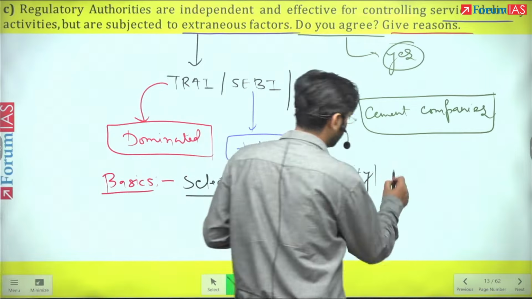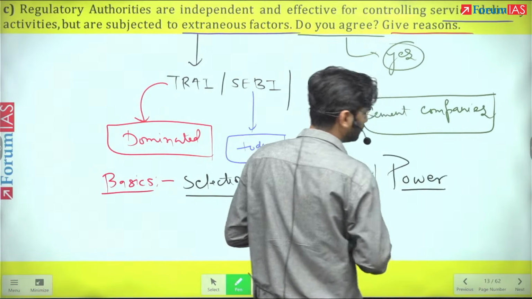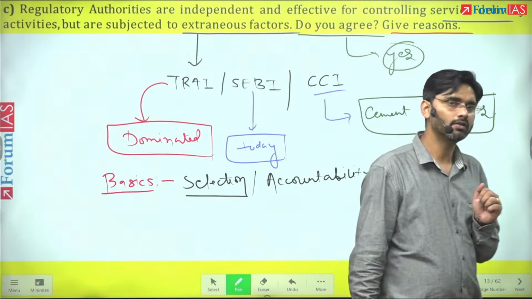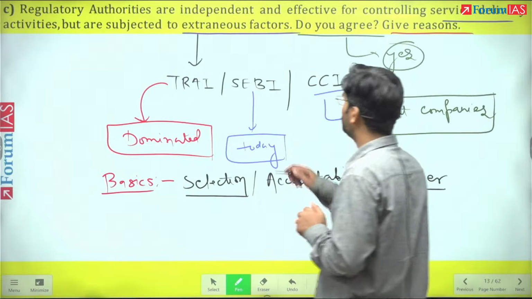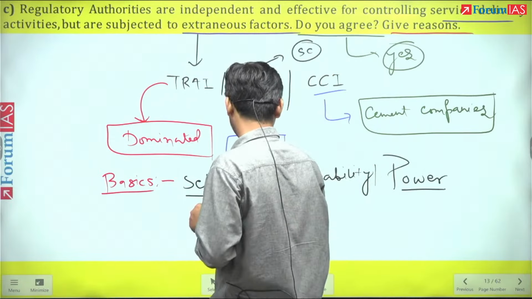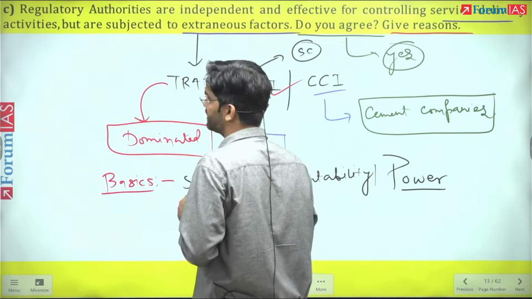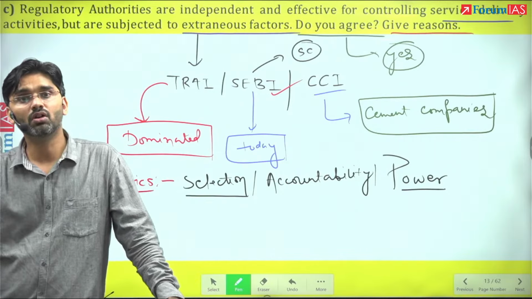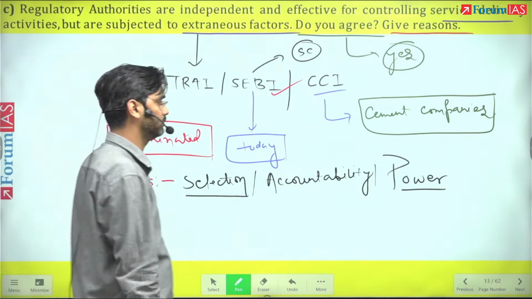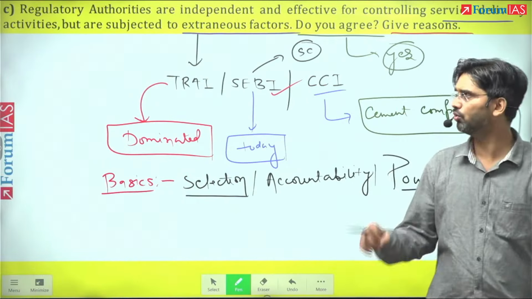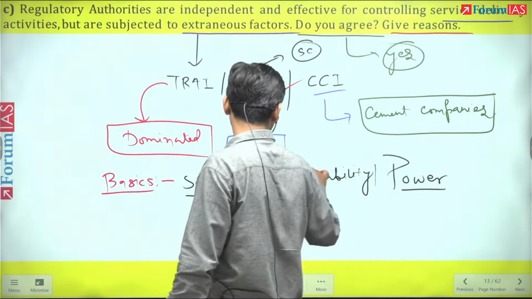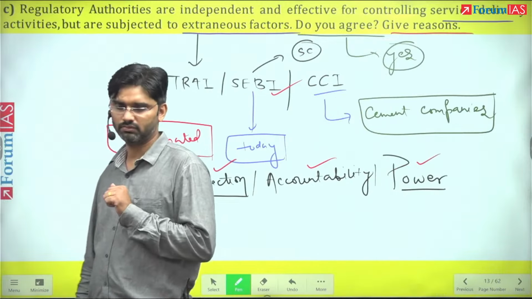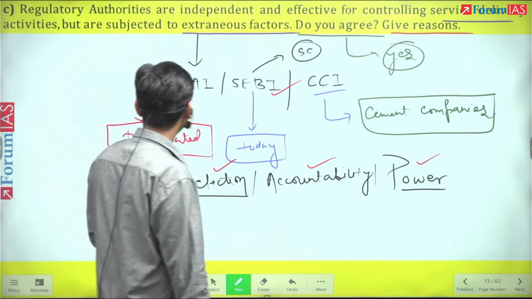Number 3 is related to power. For example, for the Sahara scam, SEBI went to Supreme Court. Supreme Court argued that no, SEBI has this kind of power to take action. But it took around 1.5 years for doing the same. Right? So your answer should revolve around selection, accountability, and power of these institutions. That is what is asked here.